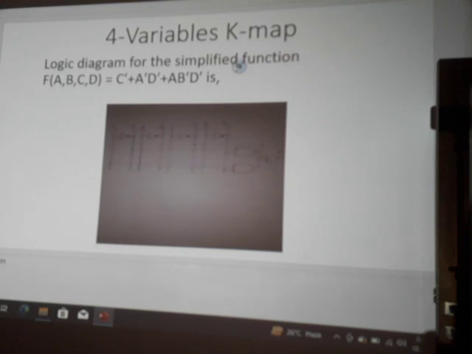One line is drawn from A and the other from B dash. The third one is drawn from the D dash. So we will get the ANDed form term. Now the two outputs of the AND gates are connected with an OR gate. So the OR gate will give us the plus sign between these terms. So we will implement this function in this way.